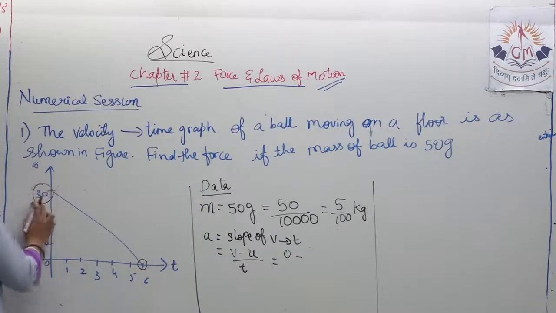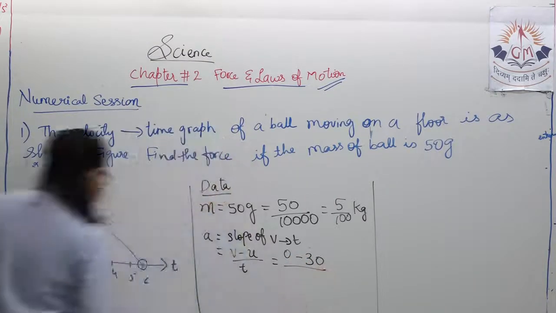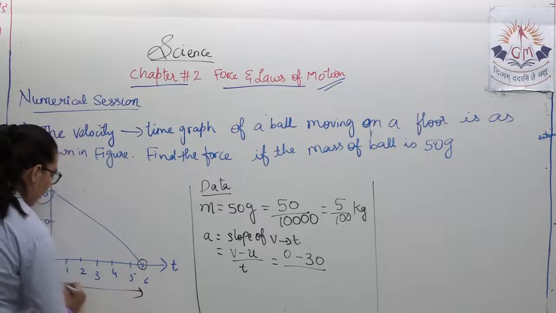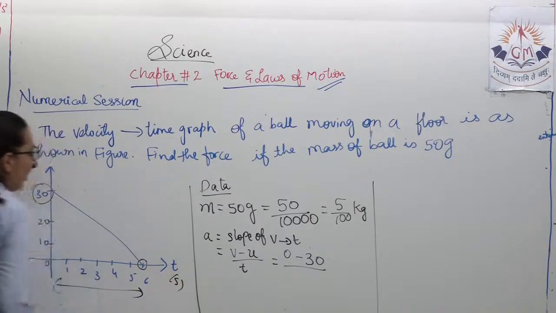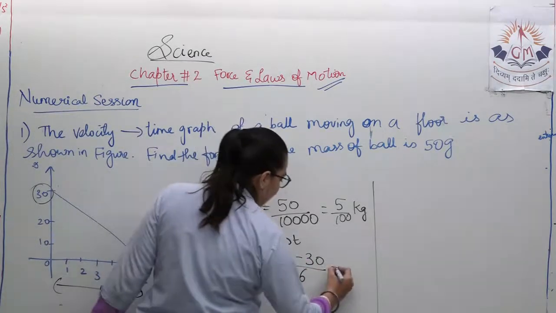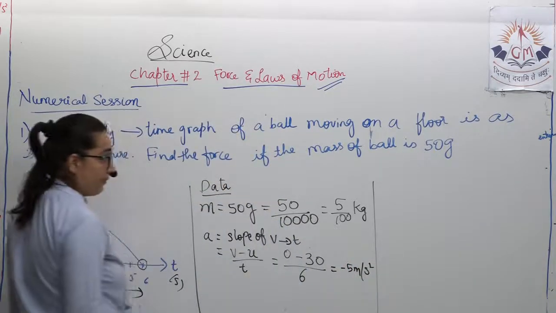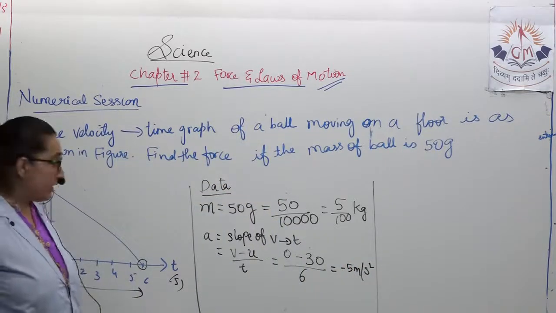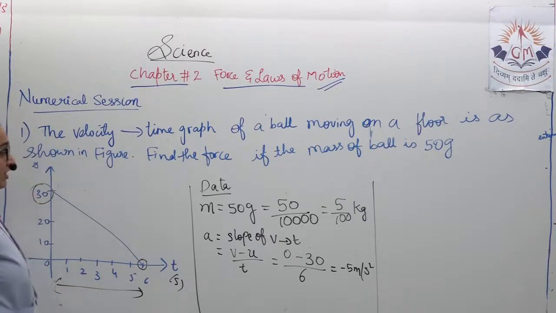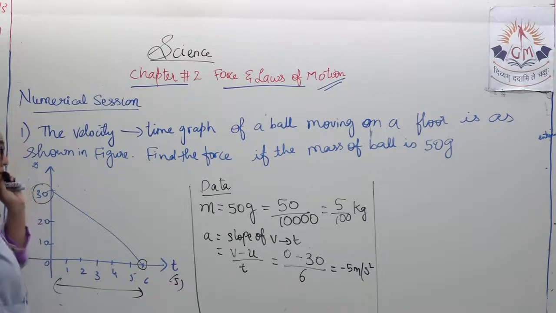It's 30. Time, you can see how much slot is given to you in seconds. It is 6 seconds. So minus 30 by 6, you will get minus 5 meter per second square. Got it? Acceleration is equal to change in velocity upon time, which is equal to minus 5 meter per second square.